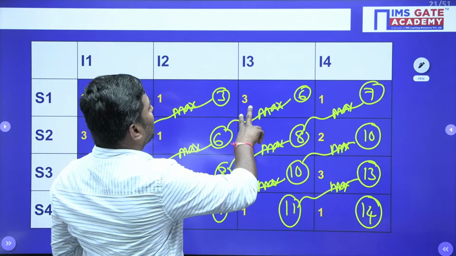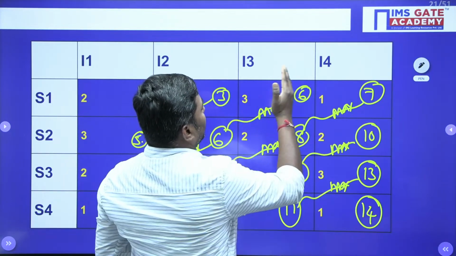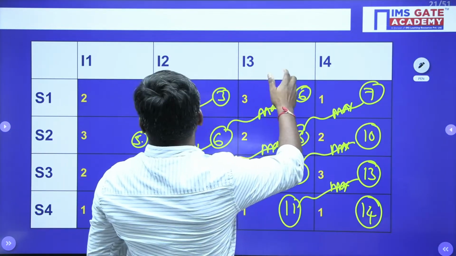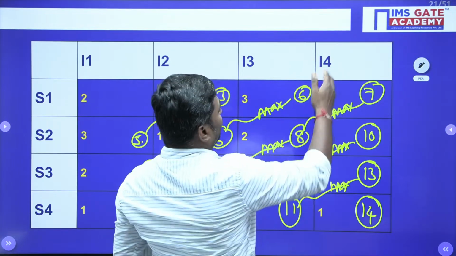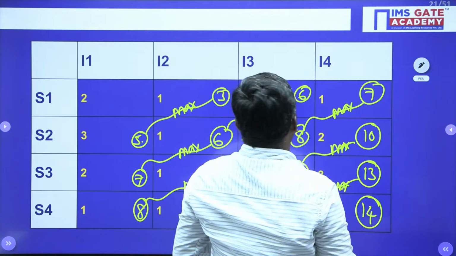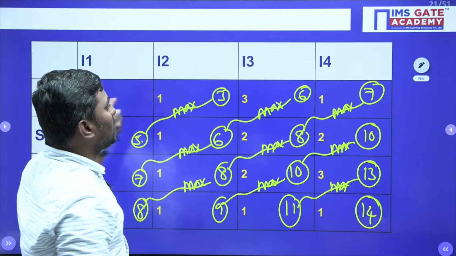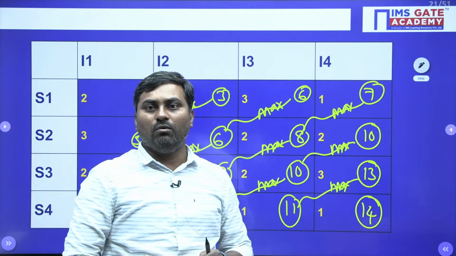It is taking 3 clocks. That's 3 plus 3 is 6. At the end of the 6th clock, instruction I3 completed its stage 1 work. Then we can give it to I4, which takes 1 clock. At the end of the 7th clock, you see, stage 1 work of I4 is completed. Yes or no?